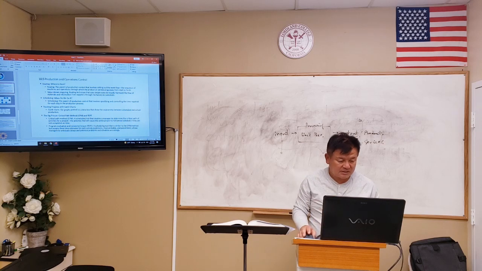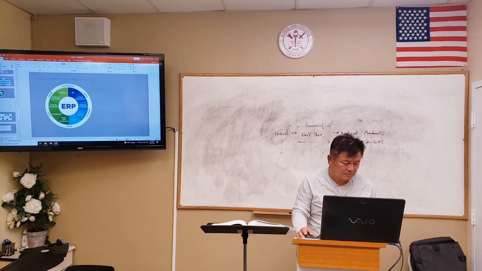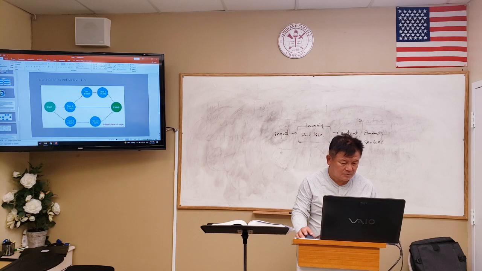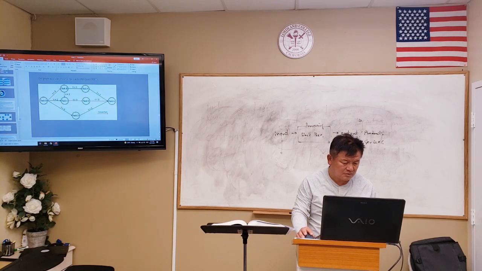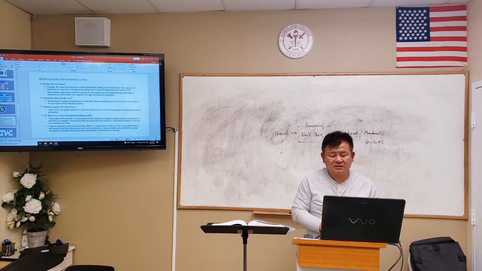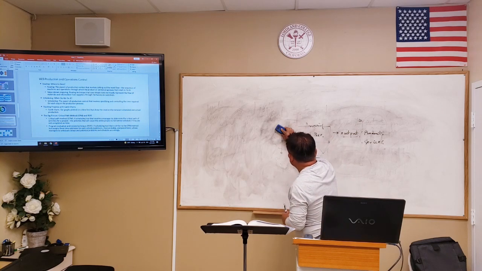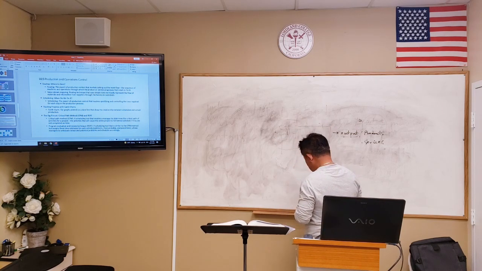The Gantt chart is a very powerful tool for scheduling. The Gantt chart is a very powerful tool for tracking progress. Did you see the Gantt chart? Something like that.